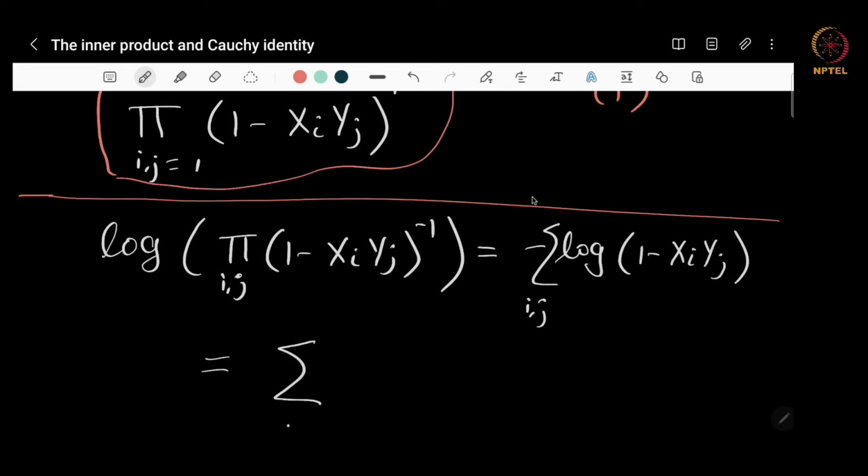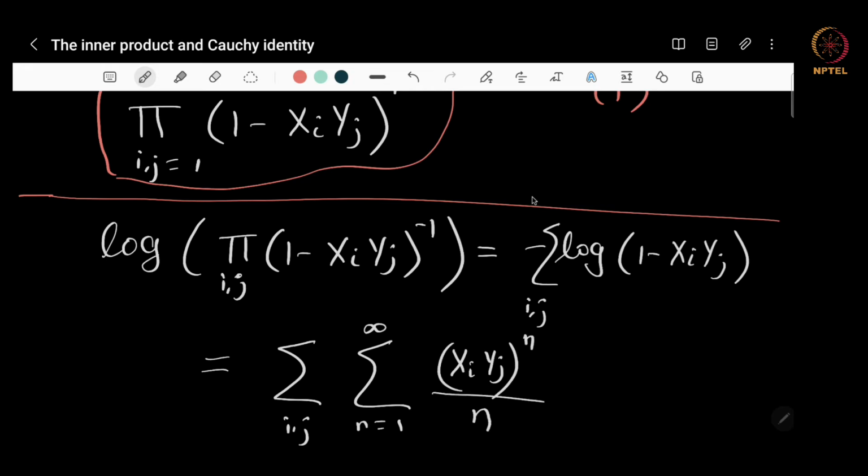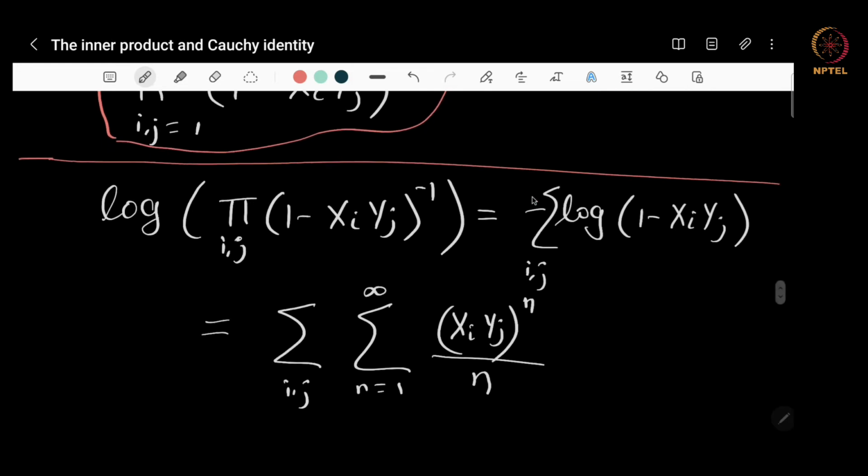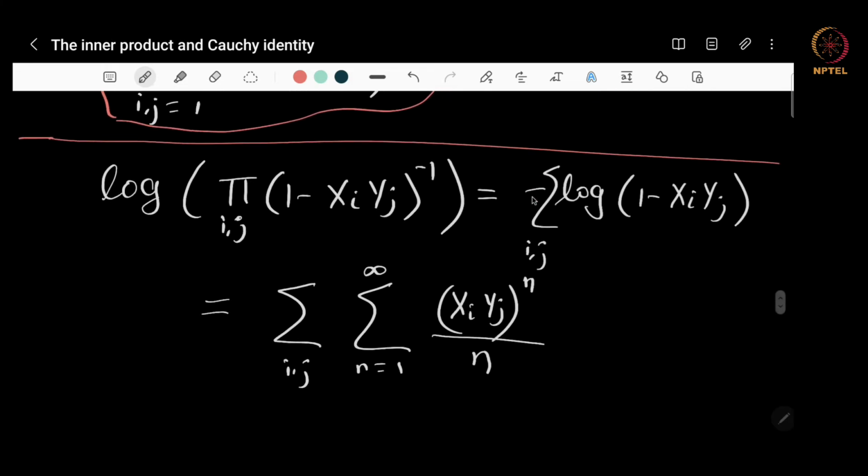It's a sum over all i, j, and a sum over all n from 1 to infinity of (x_i y_j)^n divided by n. So this is just the power series for logarithm with x_i y_j in place of t. Minus log of (1 minus t) would just be the summation of t^n over n.